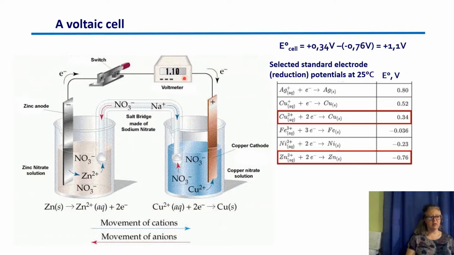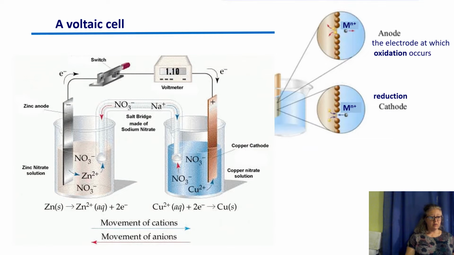Of course, as the reaction proceeds, the potential diminishes. If we connect the zinc half cell with a copper half cell, the following changes will occur.